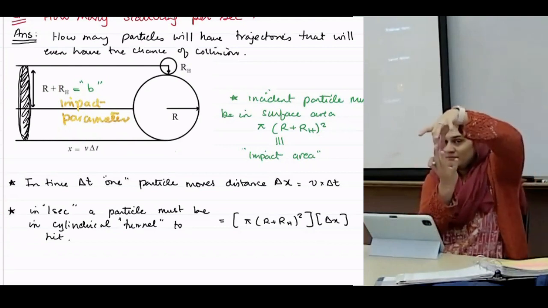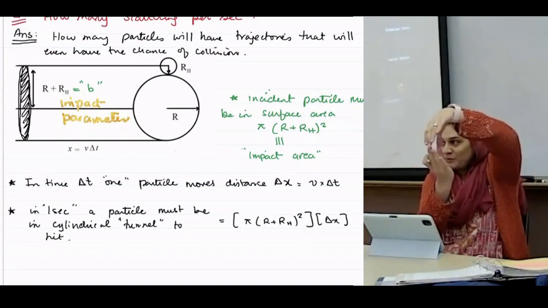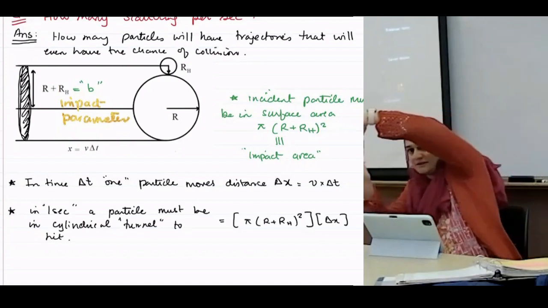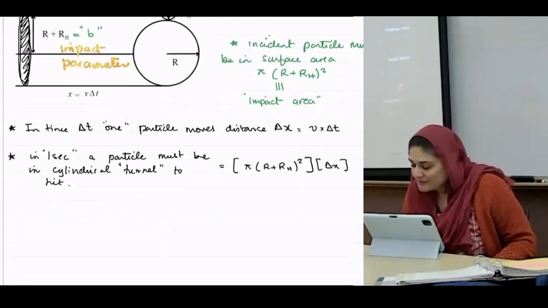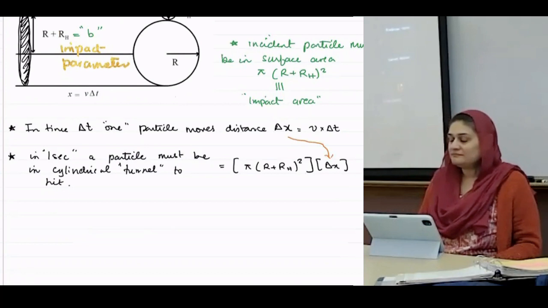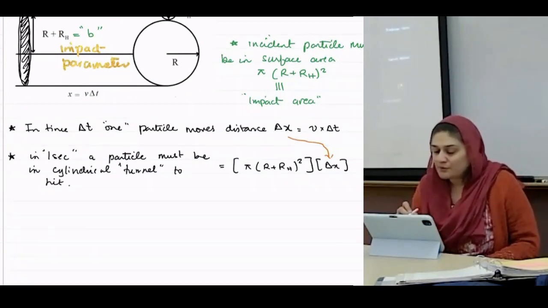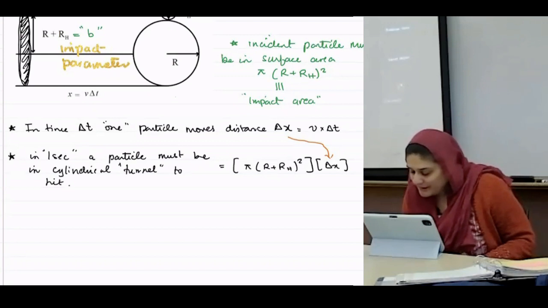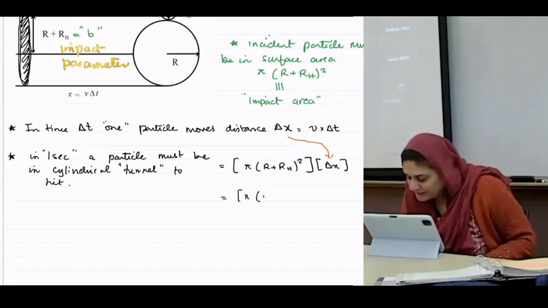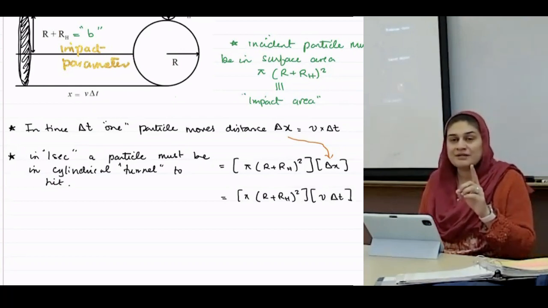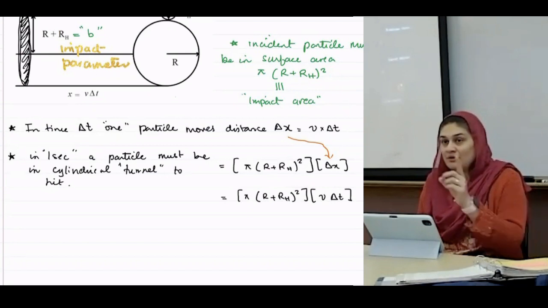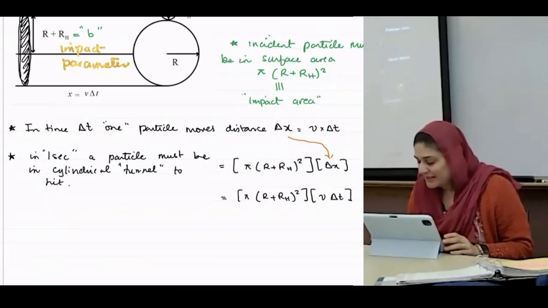Is my surface pi r squared? And that tunnel is going through, correct? So then may I rewrite this as pi (R plus r) squared v delta t? And we said 1 second, so delta t is 1. May I replace that as 1?